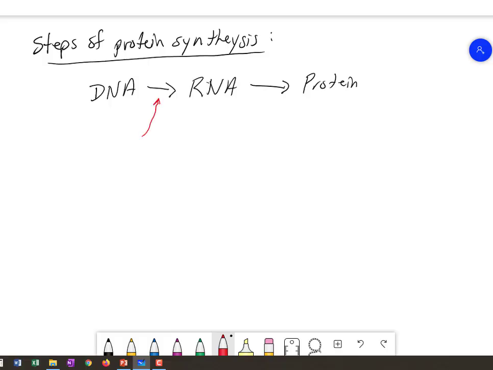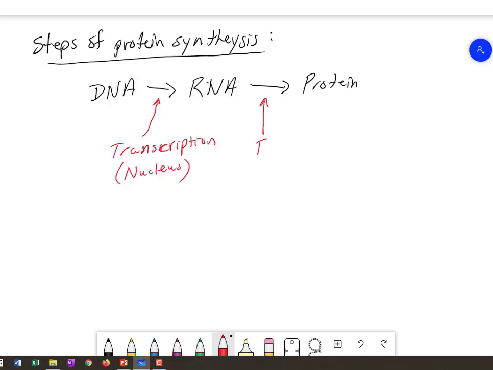Now you should also understand the names of these steps here. So this step here is transcription, and transcription takes place in the nucleus of the cell.